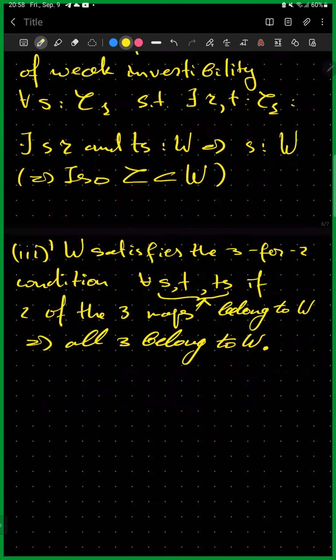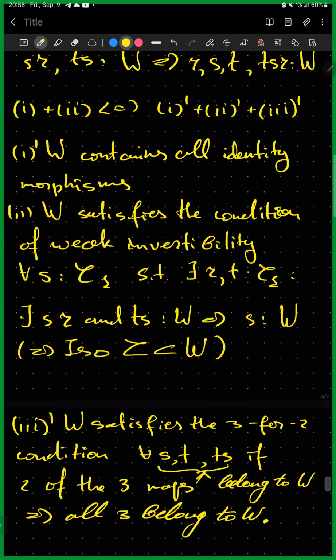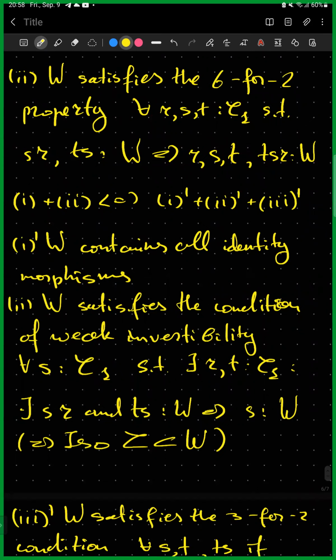Okay, so these are 2 sets of equivalent conditions on a homotopical category (C, W).